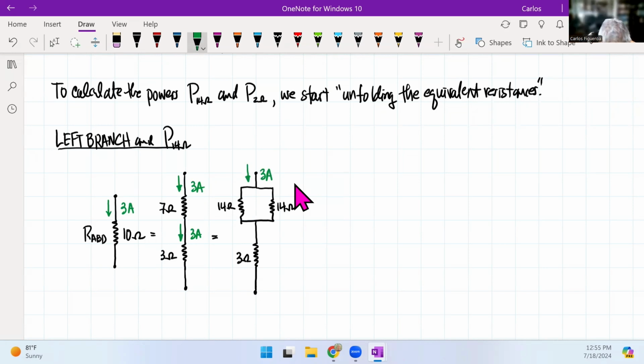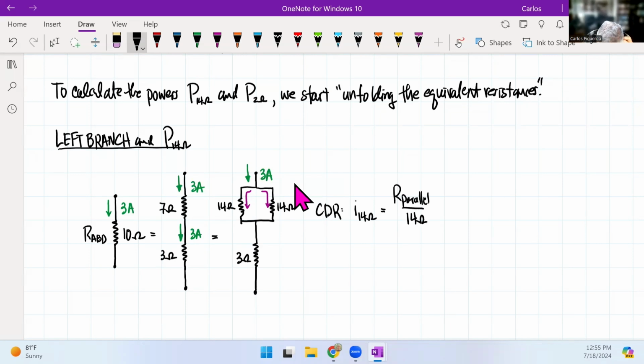So now what's going to happen? These currents are going to get divided. So what does CDR say? CDR tells us then that the current of the 14 ohm should be the current of R parallel divided by the 14 ohm.